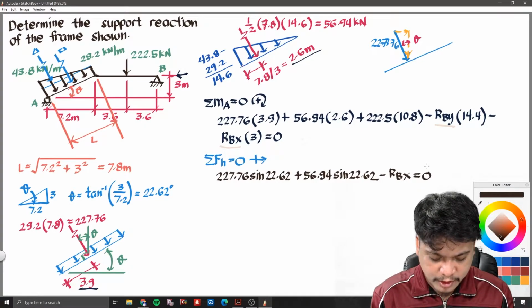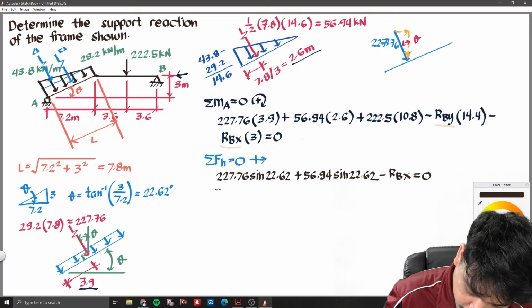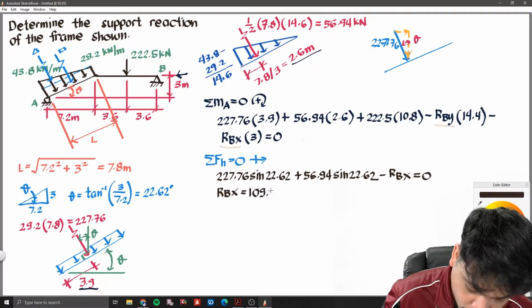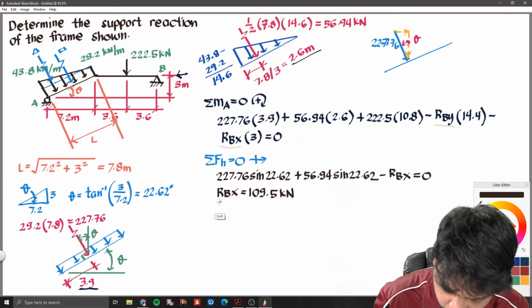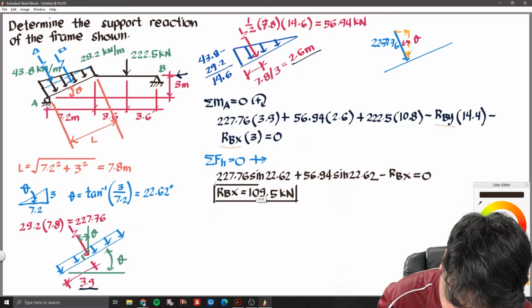So, that's 227.76 plus 56.94 sine of 22.62. So, you will be having the RBX is equal to 109.5 kilonewton.